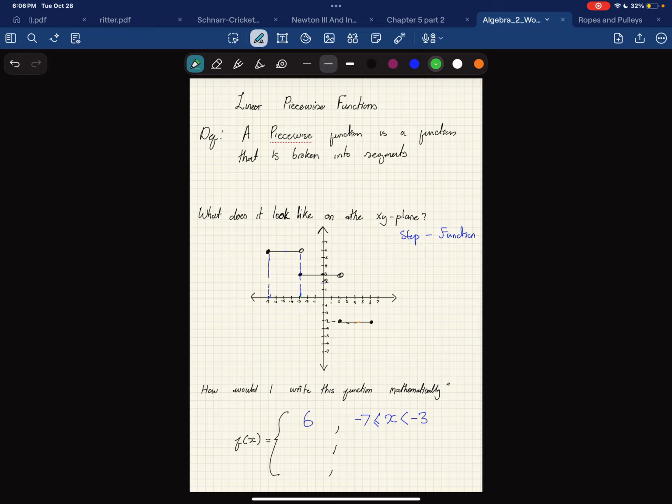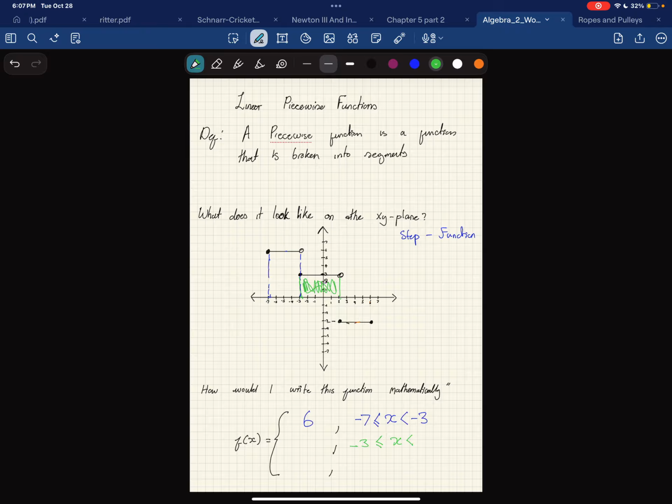Let me change color for the next one. So I know my domain here starts from -3, and I'm including -3. My x values over here start at this point and end at x equals 2.